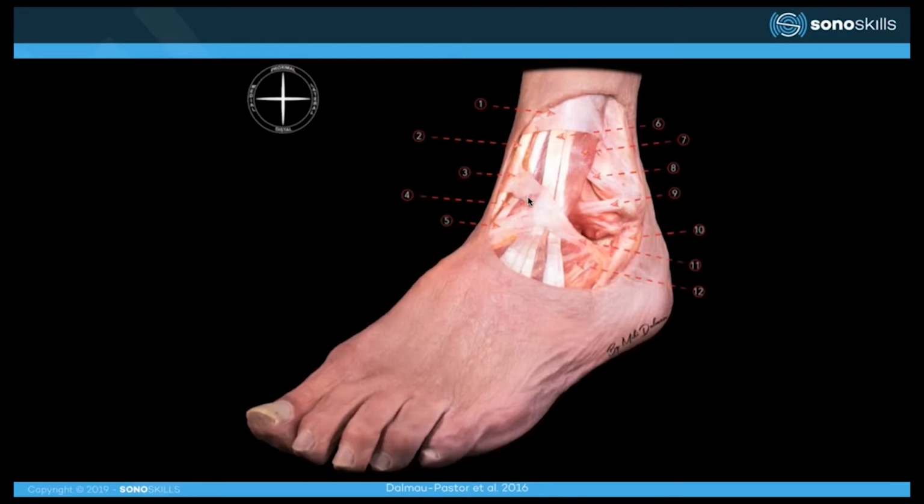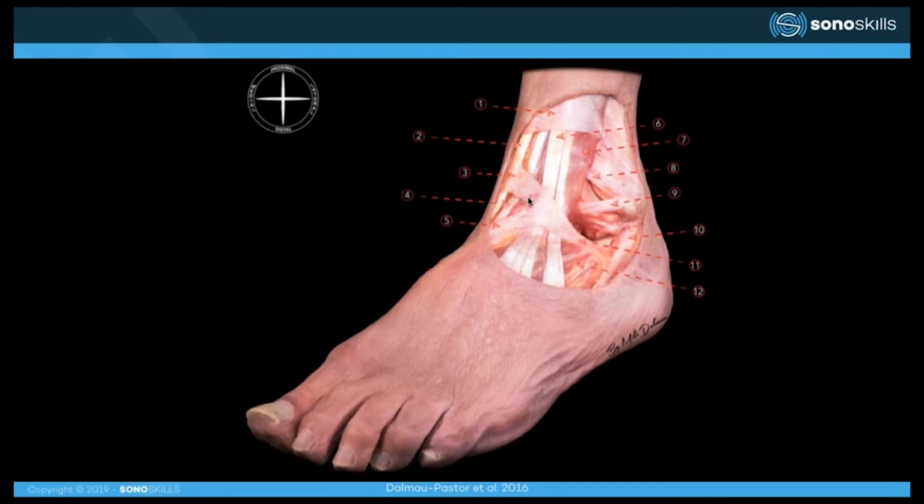So it's less involved, but from the structures inside this anterior compartment, I think that the tibialis anterior tendon is the most commonly involved one. And you can see on this slide that these tendons are covered with a retinaculum, the superior retinaculum, and also an inferior retinaculum.